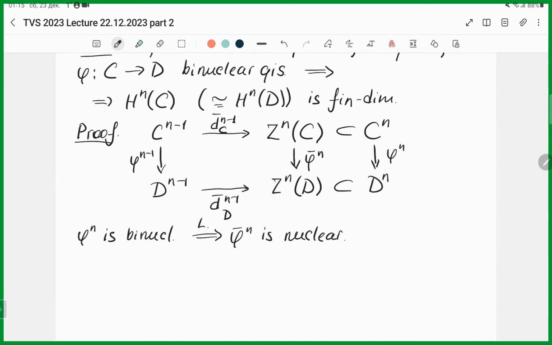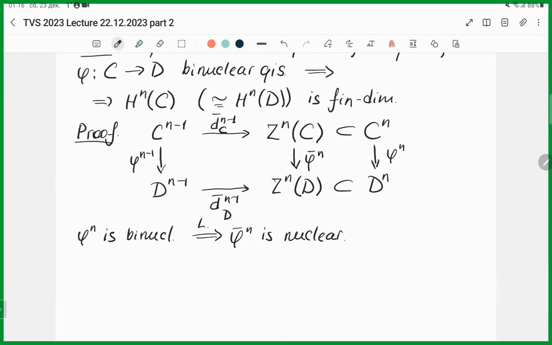Let's now use the assumption that phi is a quasi-isomorphism. So it induces an isomorphism in cohomology, and in particular, it is surjective in cohomology. What does that mean? This means that every n cocycle in Zn of D comes from an n cocycle here, modulo a coboundary. This can be stated explicitly as follows.